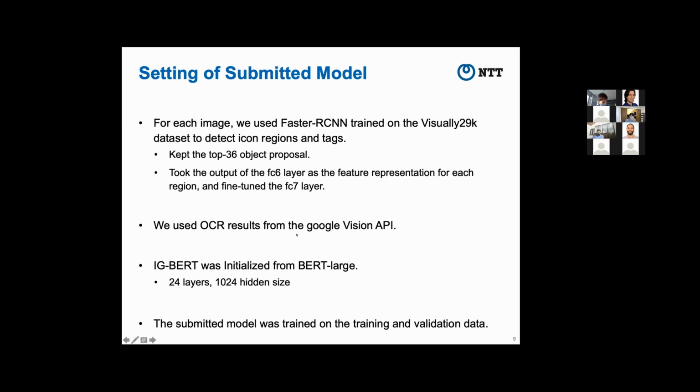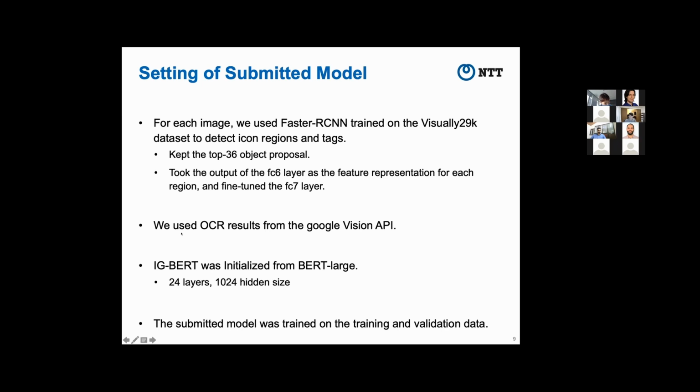To obtain the OCR results from the image, we use the Google Vision API. The submitted IGBird was initialized from IGBird large and trained on the training and validation data.